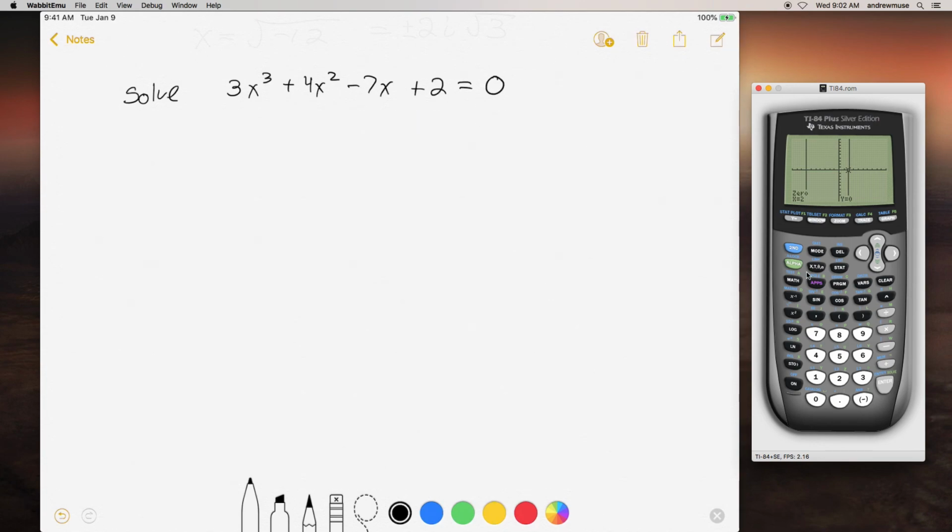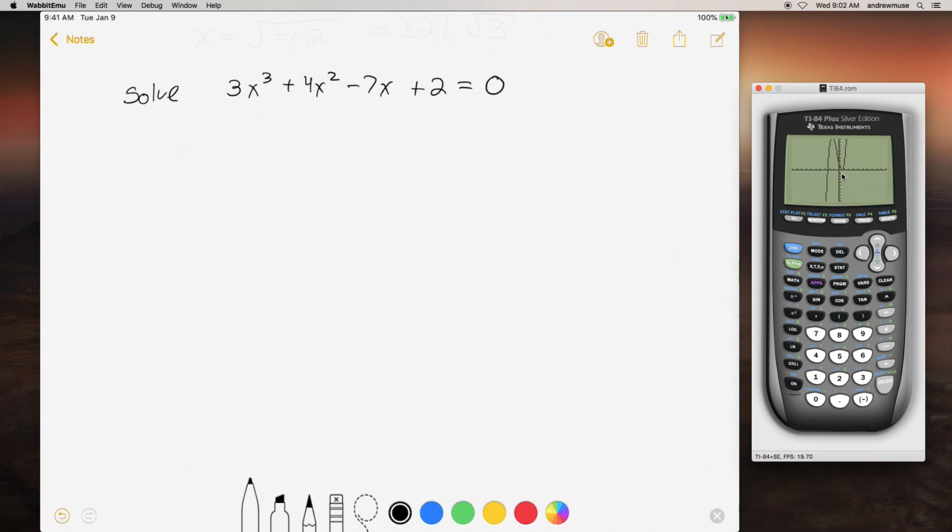Okay, so again, back to the calculator. Let's graph it. 3x to the 3rd plus 4x to the 2nd minus 7x plus 2. Okay, now right here we can't really tell what's going on.